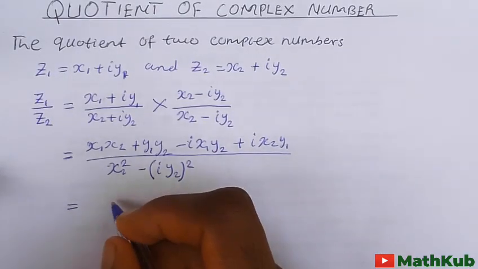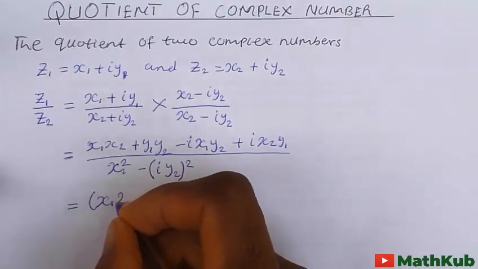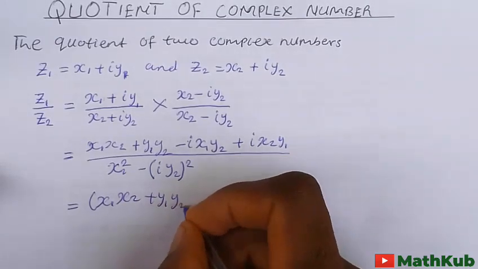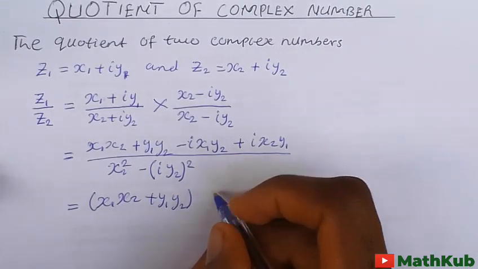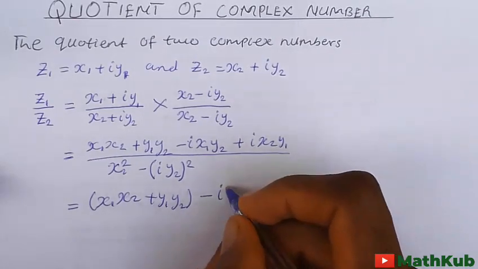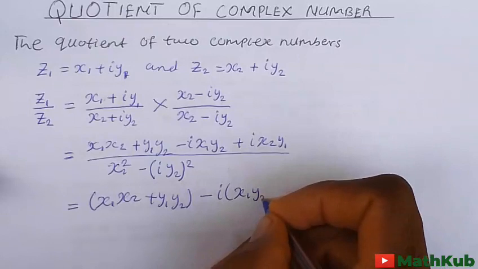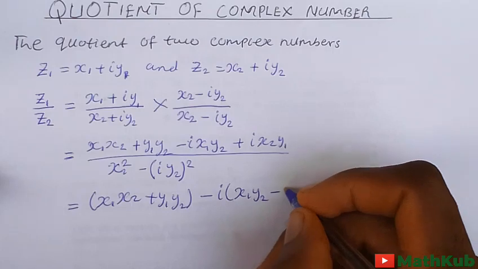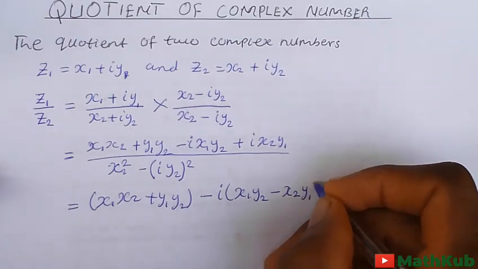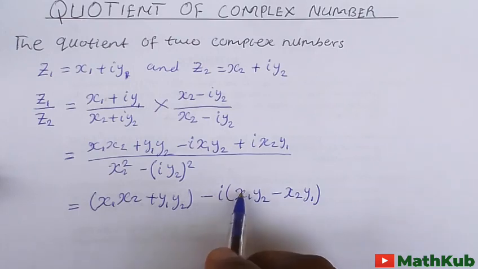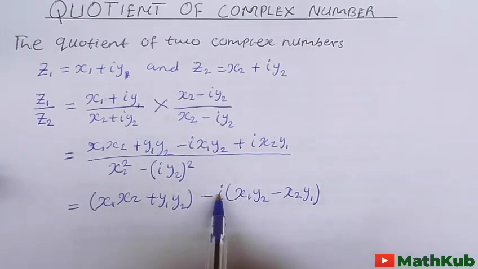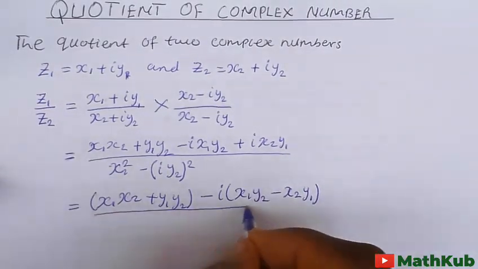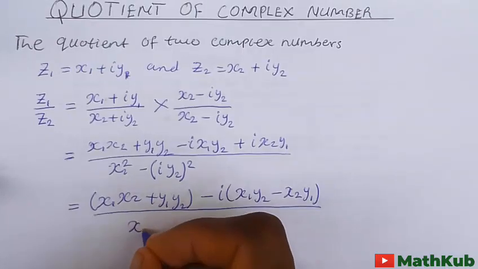This is equal to x1 x2 plus y1 y2, minus i into (x1 y2 minus x2 y1), so that when we open this bracket we have this back, divided by x2 squared.